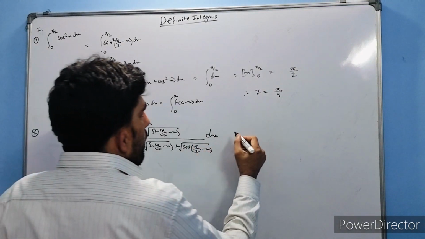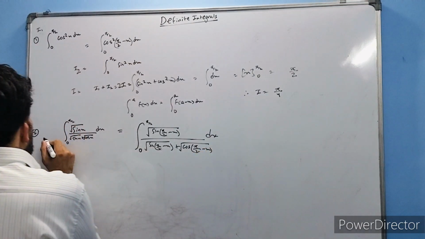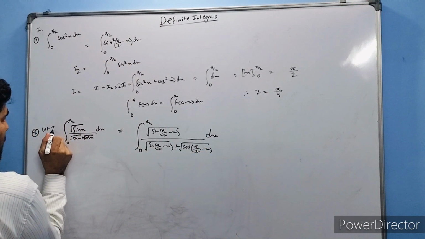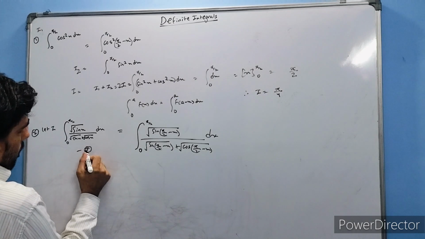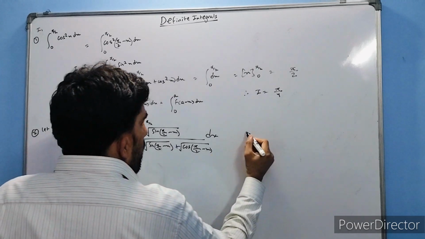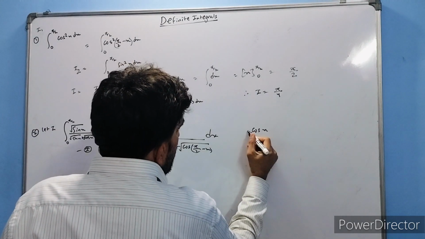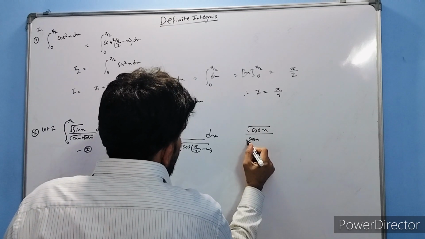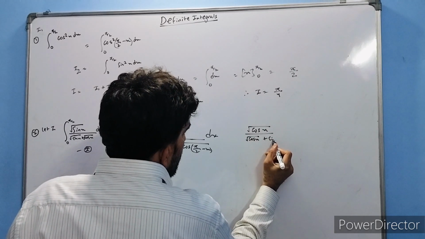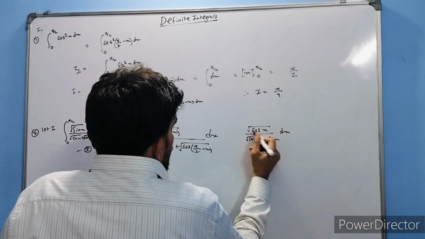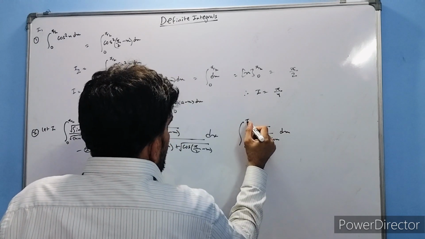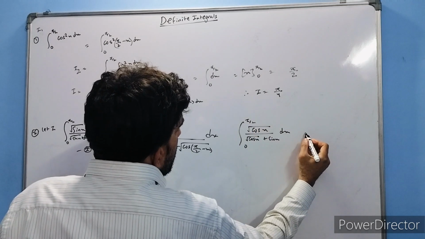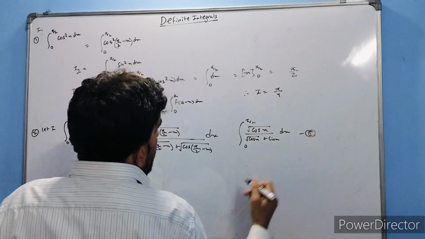This will be I, first one. And this I got, cos x upon cos x plus sin x, from 0 to pi by 2. This I got second.